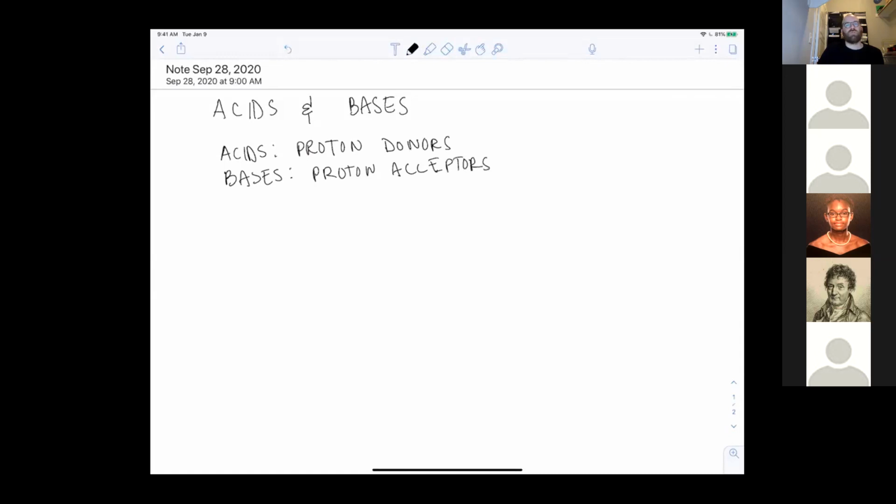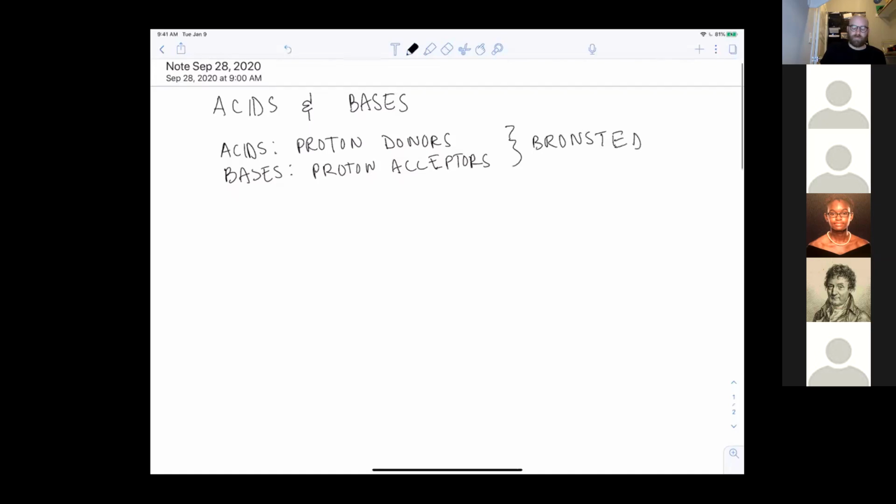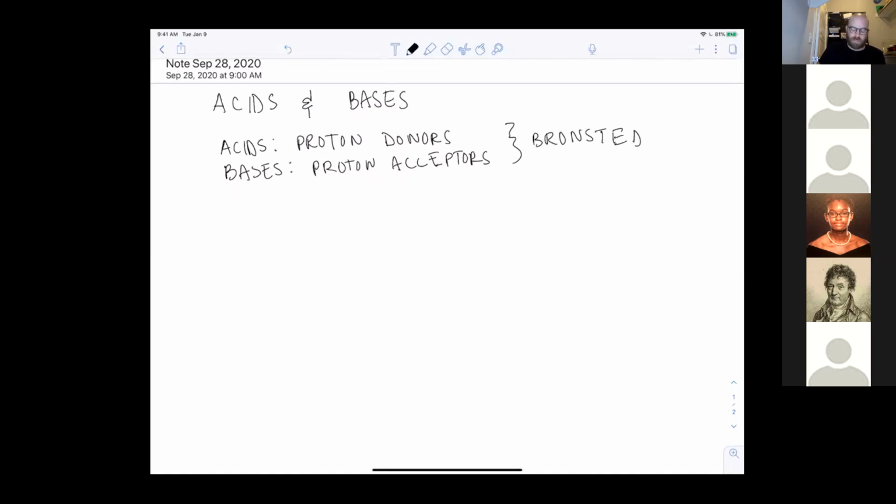The other definition that's useful is, so this is the Bronsted. We'll just call it Bronsted. So just real quick, what that would look like: let's say you have HCl and you're reacting it with sodium hydroxide.